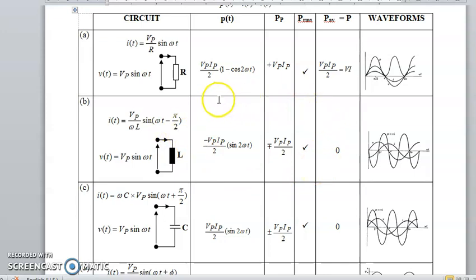The consumable element is only R. So you deliver power to the R, so it will absorb and convert it into energy. But for the capacitor and inductor, it does not absorb any energy.